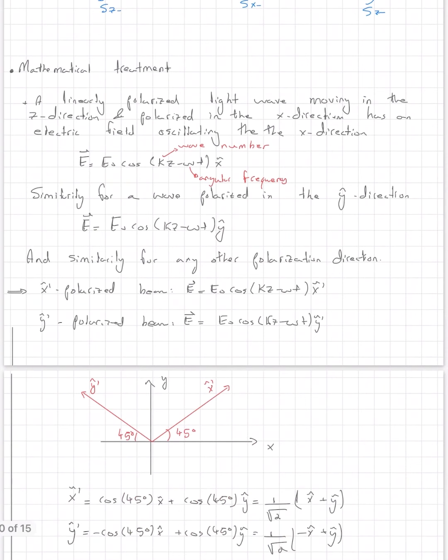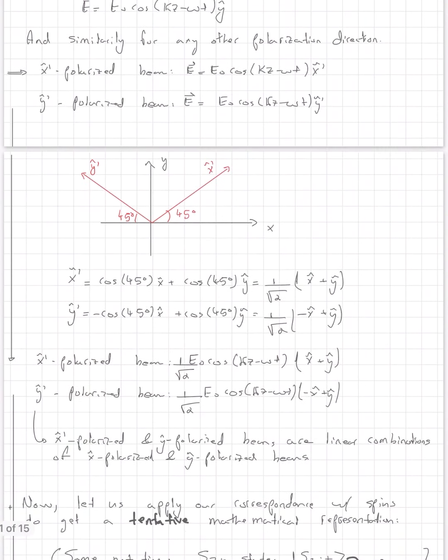And then we can say the same thing about a wave that is polarized in the Y direction and any other direction. So we can say the same thing about the X prime direction and the Y prime direction. So if we take our electric field, which is oscillating in the X prime direction, so it's X prime polarized light, let's actually draw this over here.